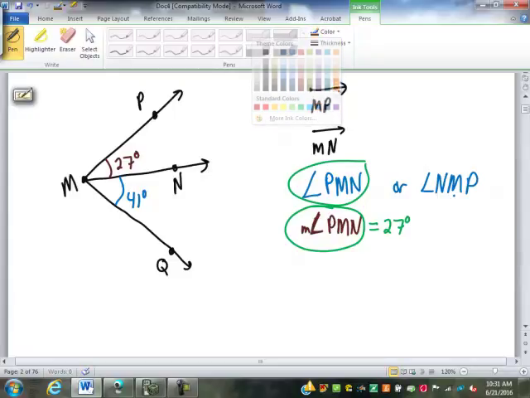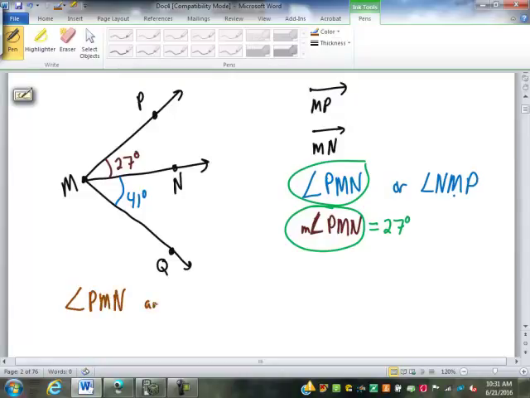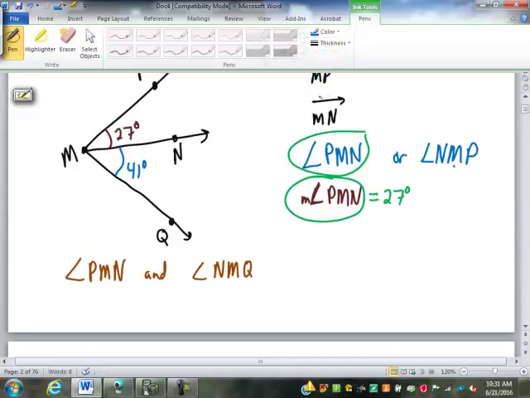If we look at these two angles, angle PMN and angle NMQ, they share a vertex, which is just point M. But they also share a side, which is ray MN.